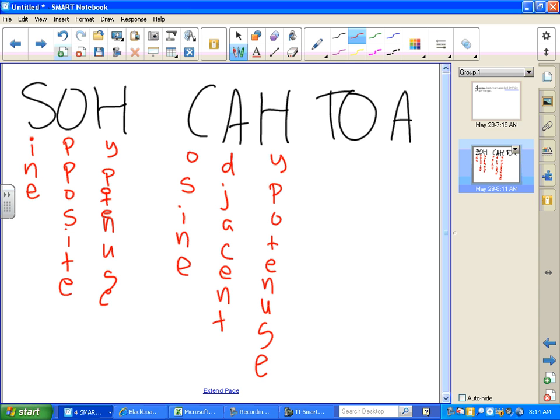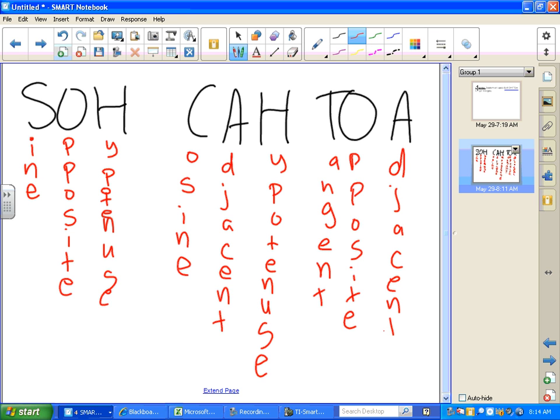Okay, the last one is tangent. So tangent is always opposite over adjacent. So if you remember SOH CAH TOA, it will help you set up the trig ratios for sine, cosine, and tangent.